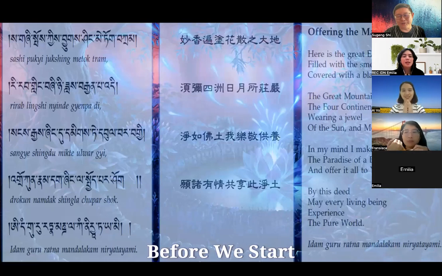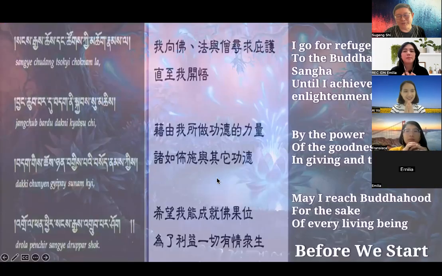Then we go into the refuge and bodhicitta. Here, same thing, we recite 3 times. The leader will say the first word loudly, Sangye, and then everybody will follow, and we repeat 3 times. Thank you.